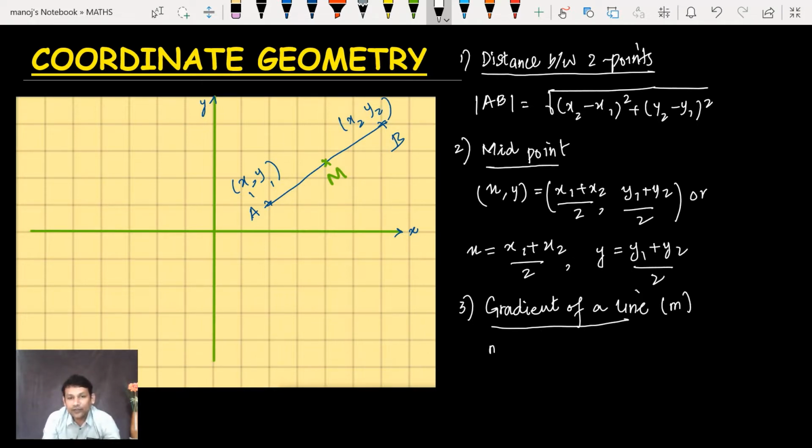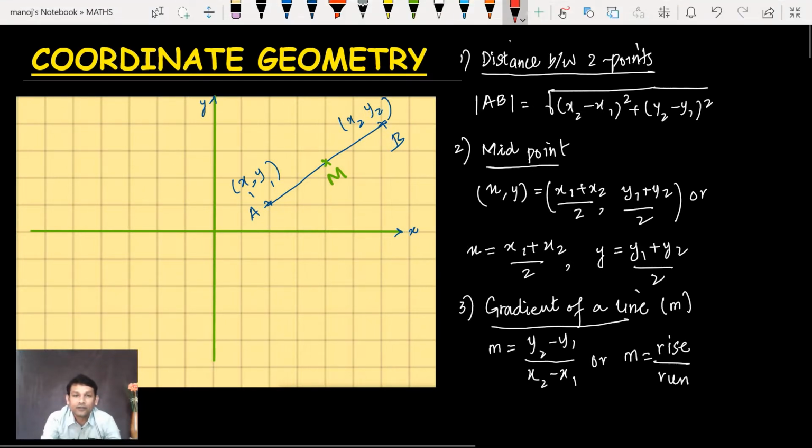So m is equal to y2 minus y1 divided by x2 minus x1. There is one more formula, which is what we normally use: rise upon run. M is equal to rise upon run, and we can prove it here by using these coordinates.